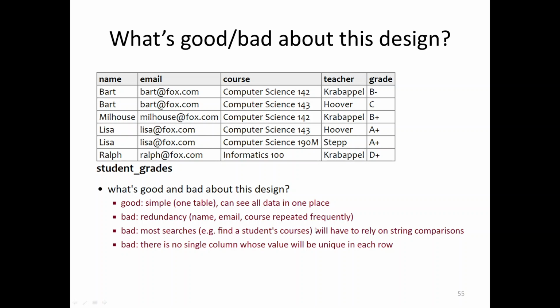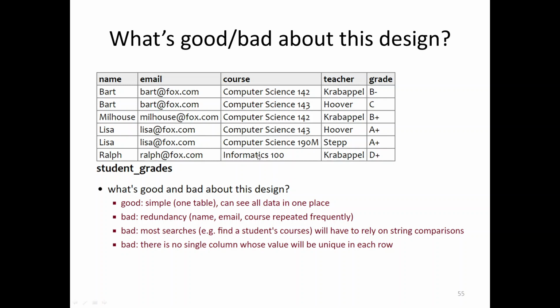Also, most searches that you do will rely on string comparison rather than integer comparison. If we do an ID-based search, or when we do joins, those comparisons happen with the IDs, with integers. Here we have strings, and obviously that will affect the performance of our search queries.